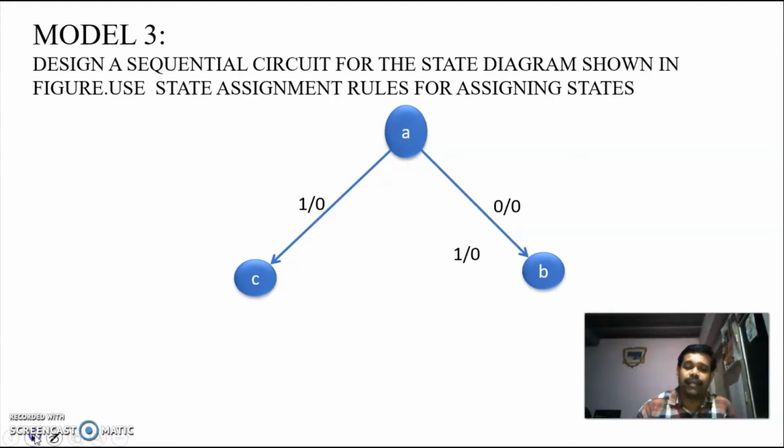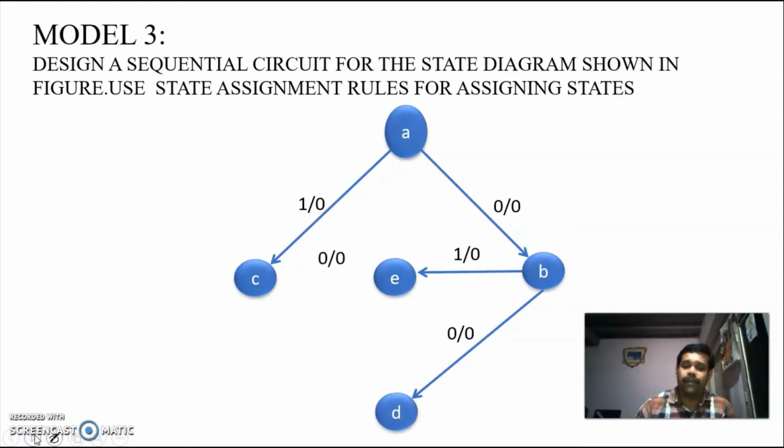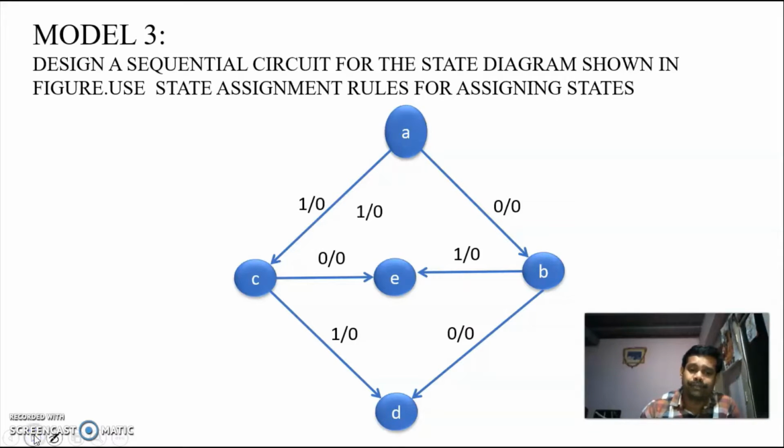In state B, when you provide input 1, it goes to E, and when you provide input 0, it goes to D, output is 0. Similarly, in state C, when you provide input 0, it goes to E and output is 0. When you provide the input 1 from C, it goes to D and output is 0.